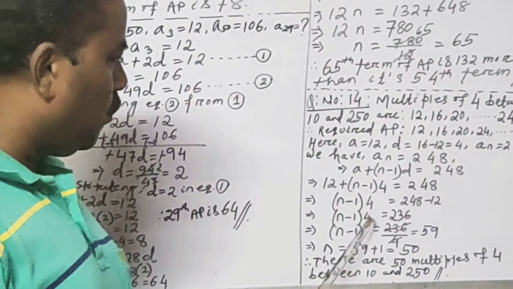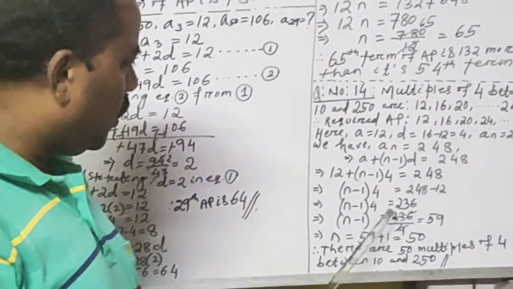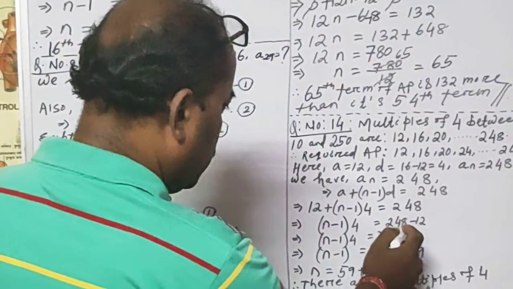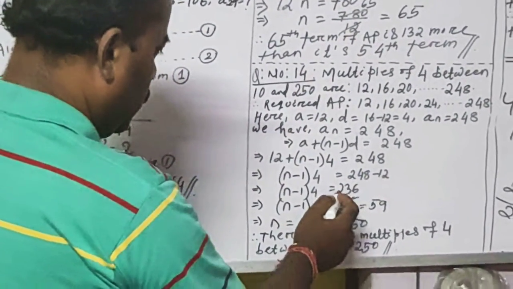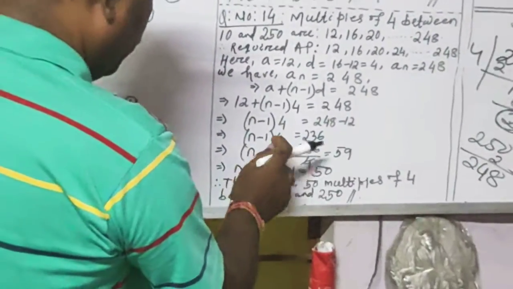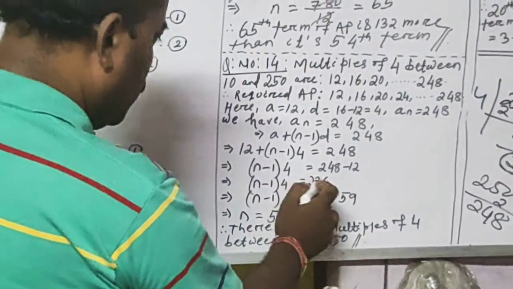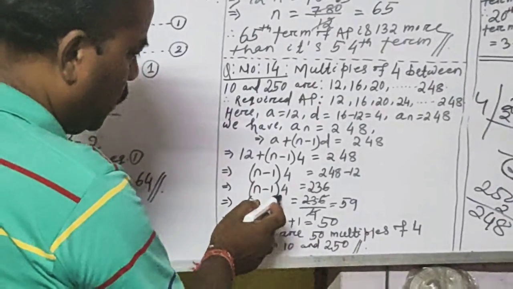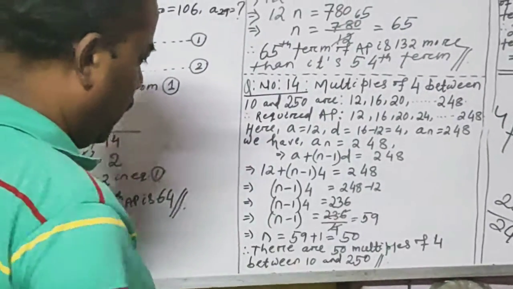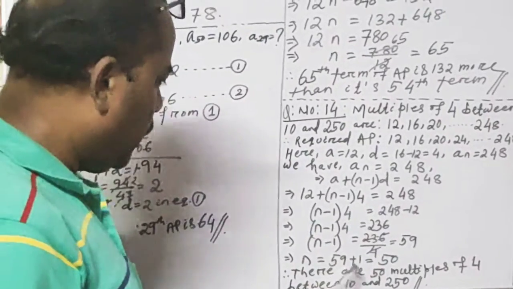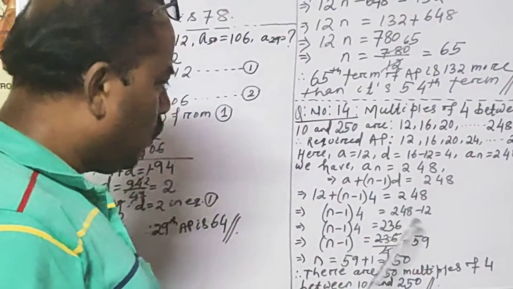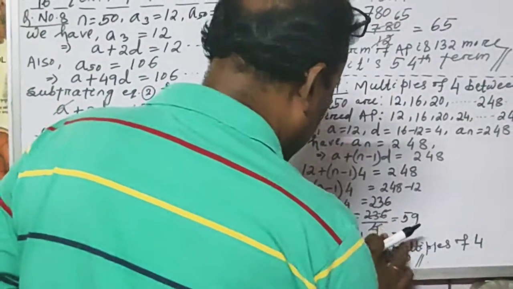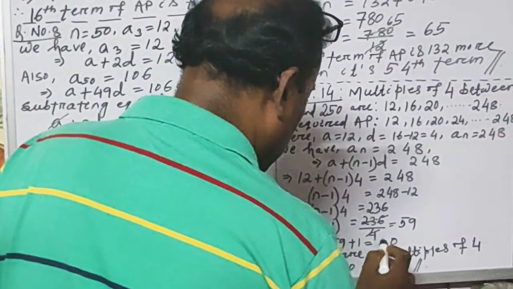So n minus 1 into 4 is equal to 248 minus 12, which is 236. Then n minus 1 is equal to 236 divided by 4, that is 59. So n minus 1 is 59, and n is equal to 59 plus 1, which is 60.